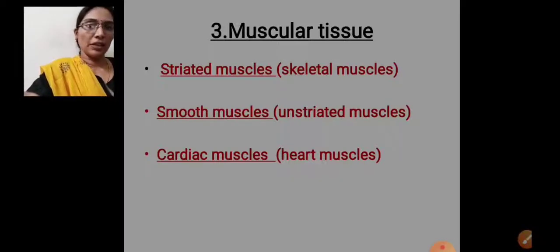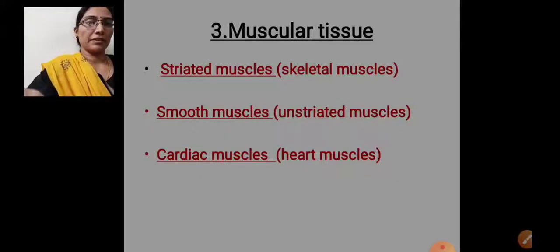So the muscular tissue is made of cells which can move. The cells of muscular tissue have special features, they can contract and expand.